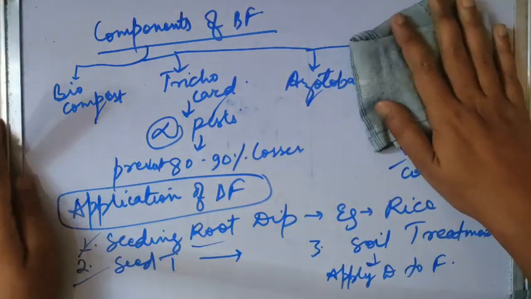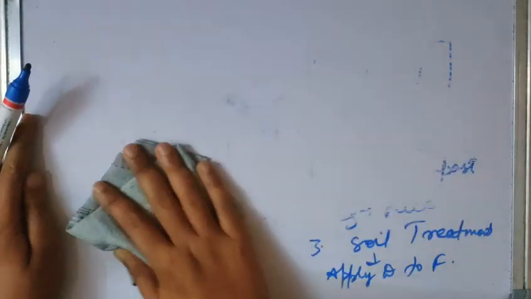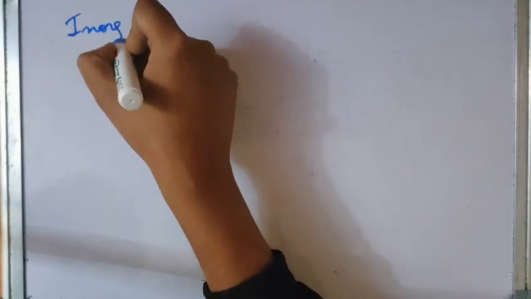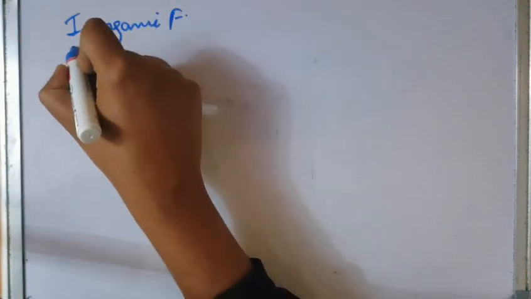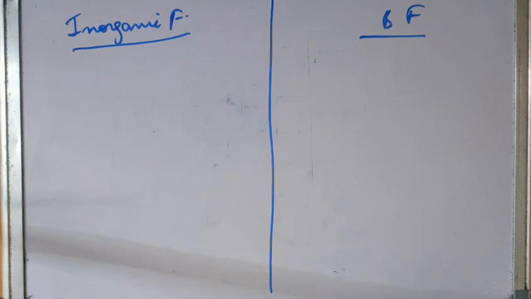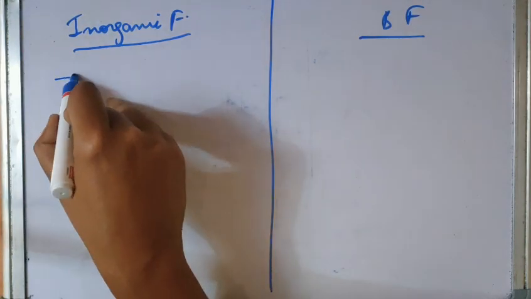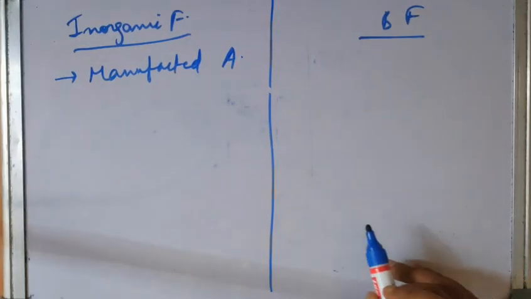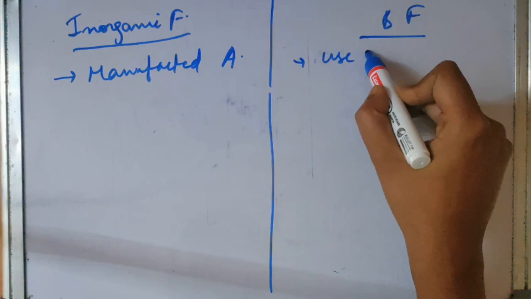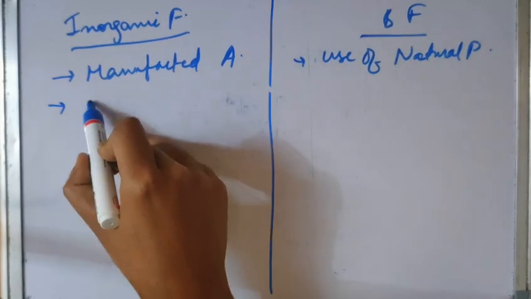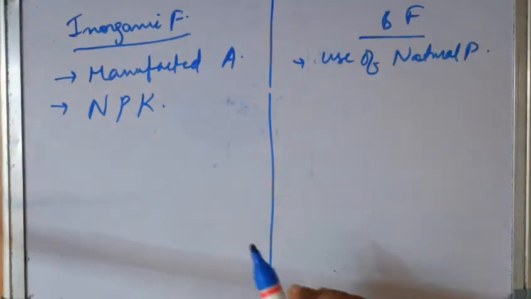Now moving on to the next topic, what is the difference between inorganic fertilizer and biofertilizer? Inorganic fertilizers are manufactured artificially, while biofertilizers use natural processes. Inorganic fertilizers primarily contain NPK.